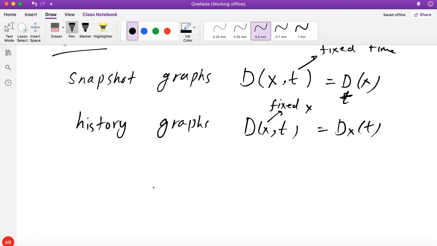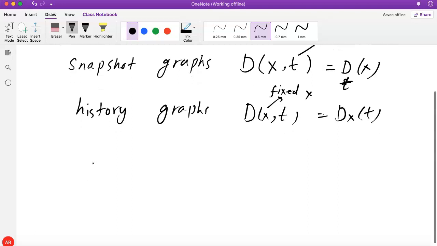For example, get the history graph from a snapshot graph by just translating the snapshot graph forward as time goes on, and then reading off the displacement at one particular point.